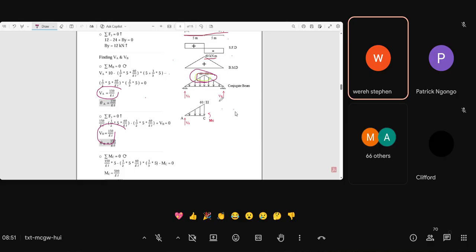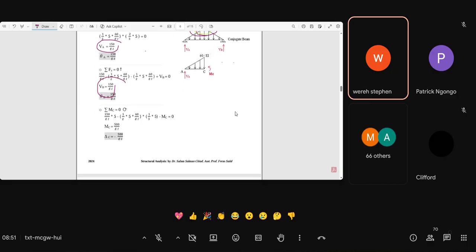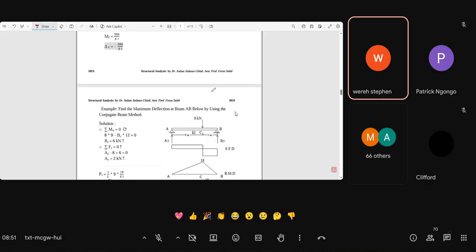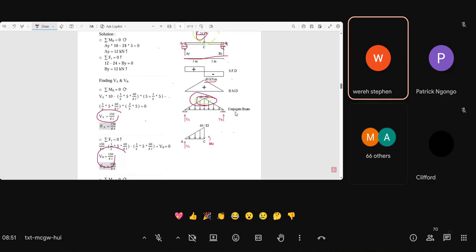So once we find VA and VB, which is basically the reactions, we now need to find the shear force at any place on the beam. Okay. Now, what is the shear force at point A? If you draw the shear force diagram, at point A it will go up with 150, okay?